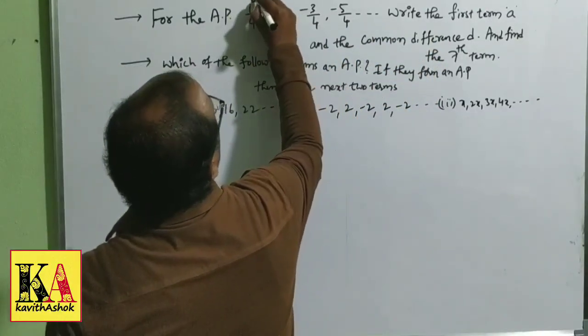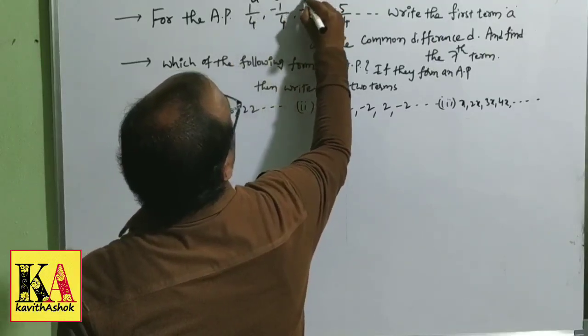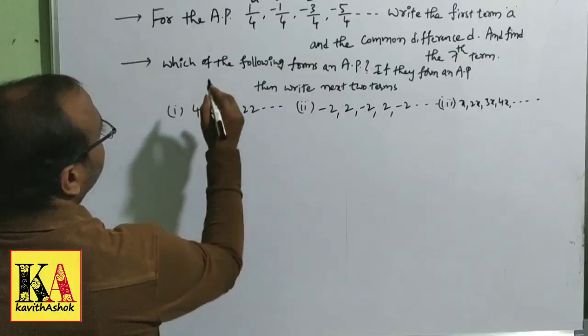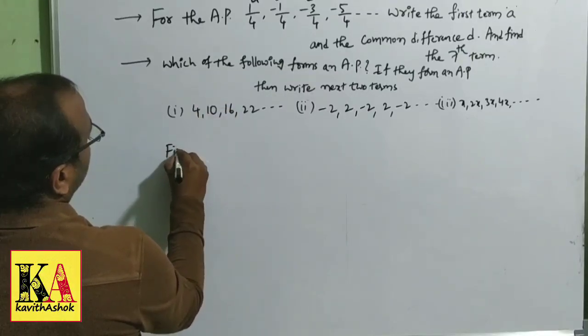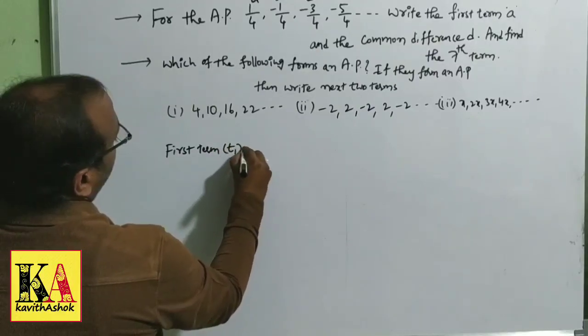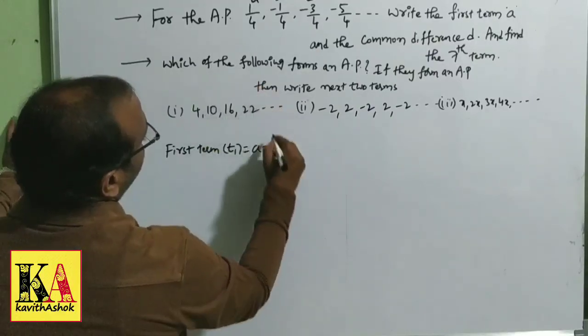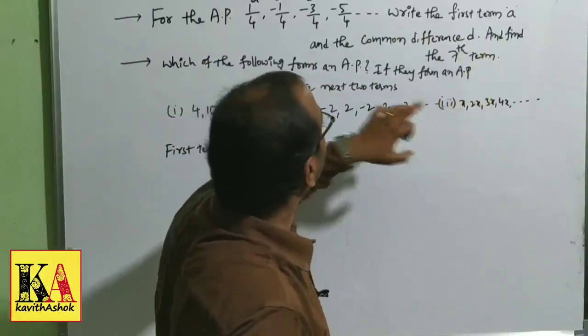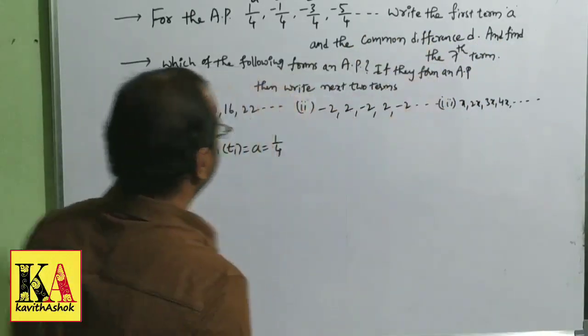So this is T1, T2, T3 and T4. For this problem, the first term T1 is equal to A, which is 1 by 4. So write the first term, that is completed. And the common difference, right?